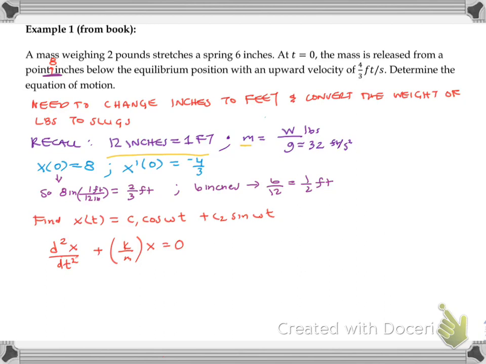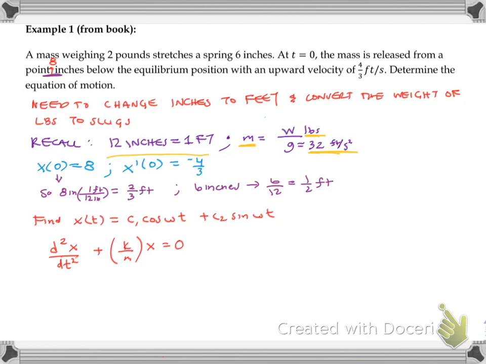So if we're solving for mass, then m equals w over g, and w is in pounds. And since we're going to convert this to slugs, we're going to use the 32 feet per second squared conversion for our acceleration due to gravity.